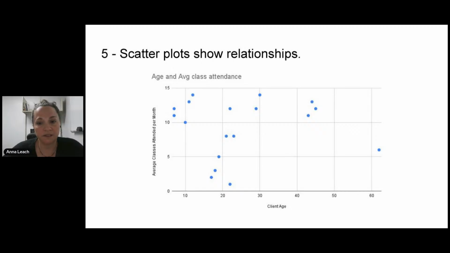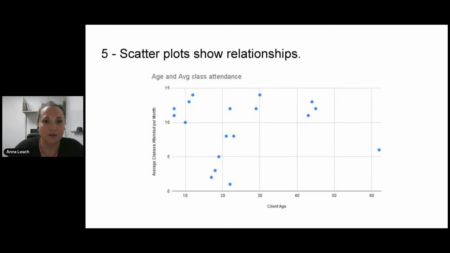If I'm using a type of software or system where my clients can log in when they come into class, I would have this information about my clients based on the information they've provided with their contract, and then I would have the information when they've logged in and attended class. I could then look at and compare the average class attendance per month over a certain period of time. Maybe a year, maybe 3 months, whatever I choose.